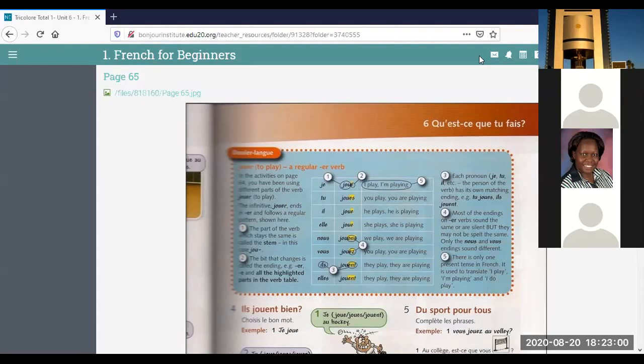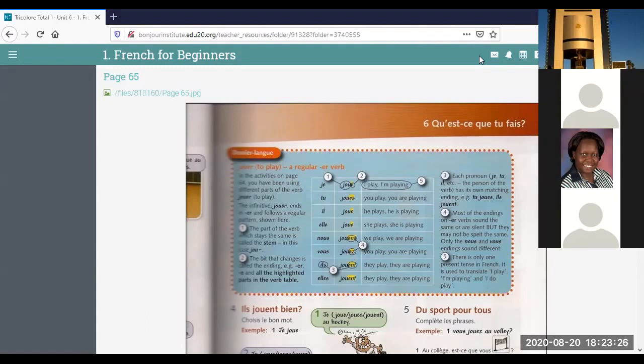I remember we have said earlier that whenever we want to conjugate a regular verb, when I talk about a regular verb, I mean an ER verb, a verb that ends with ER, with the exception of the verb to go, that is aller. All other ER verbs, when we conjugate them in the present tense, follow what we have here.